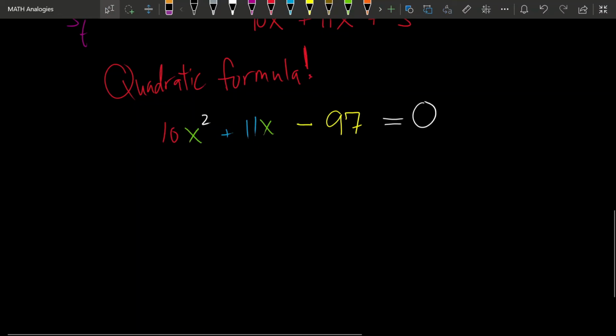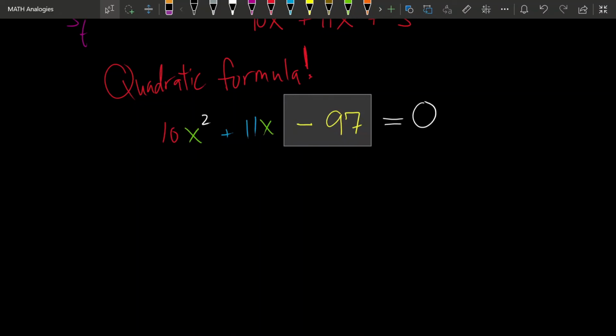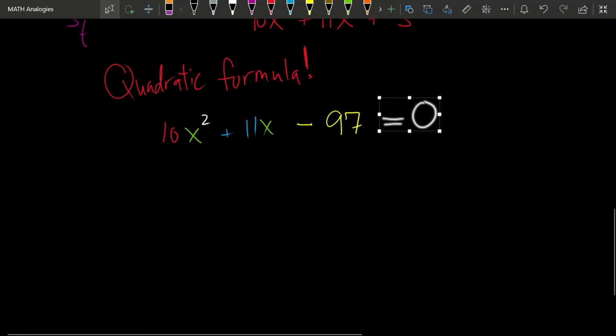Alright, it says when you have a red number, and then x to the 2, and then plus a blue number with just x, and then you have plus some other number, or minus a number in this case, set equal to 0, it gives us a magic answer for x.